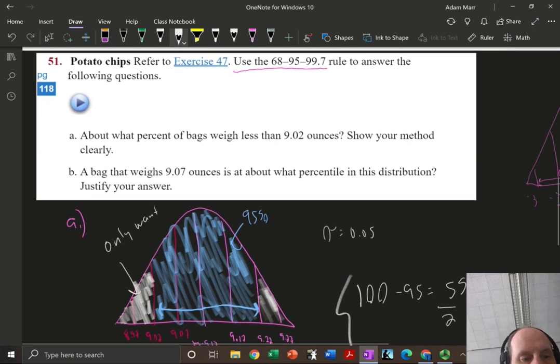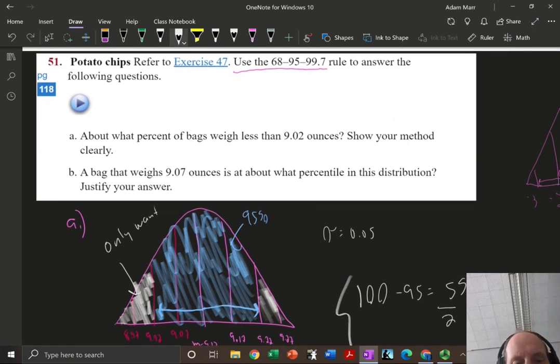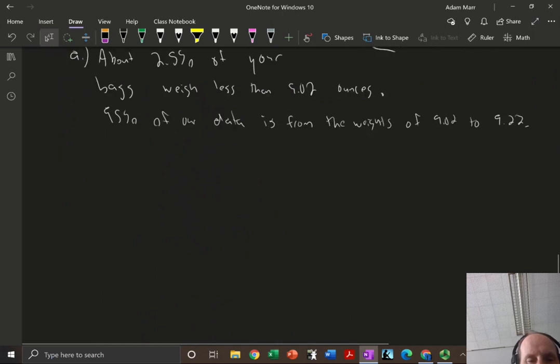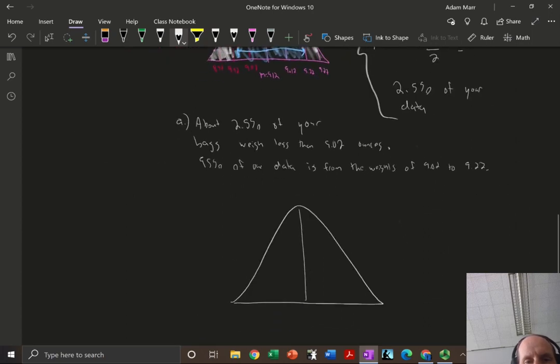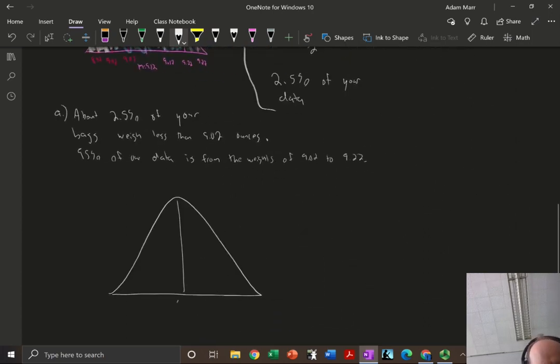Let's look at B. A bag that weighs 9.07 ounces is about what percentile in this distribution? Justify your answer. So let's redraw this so we can have a clear picture.